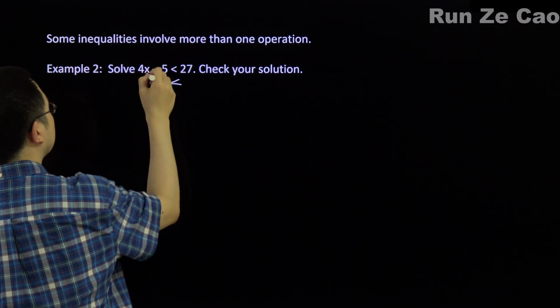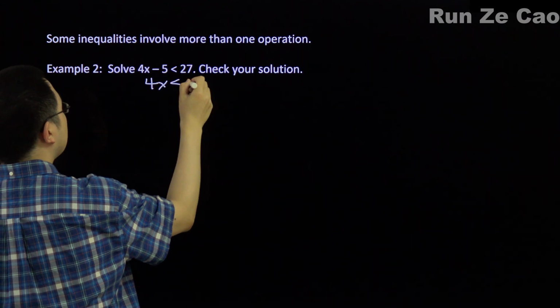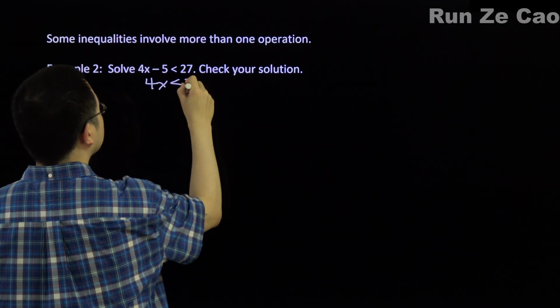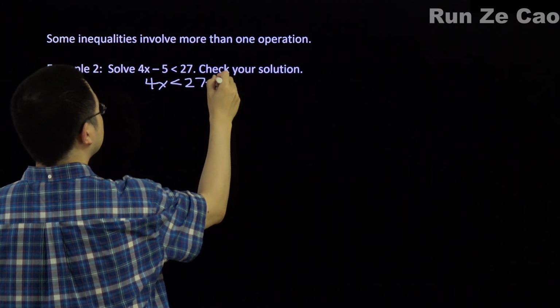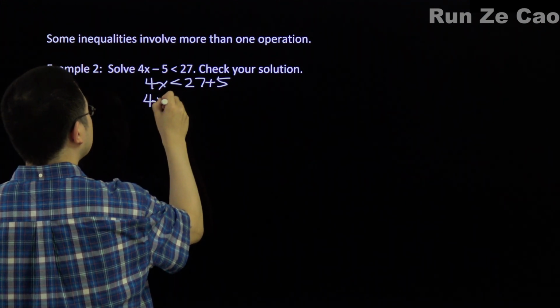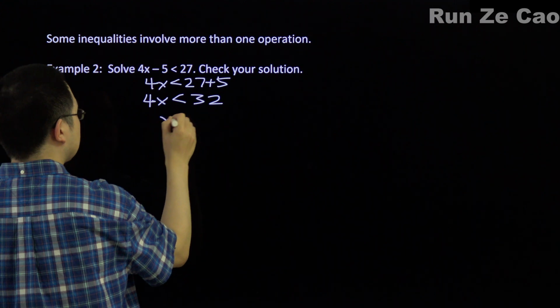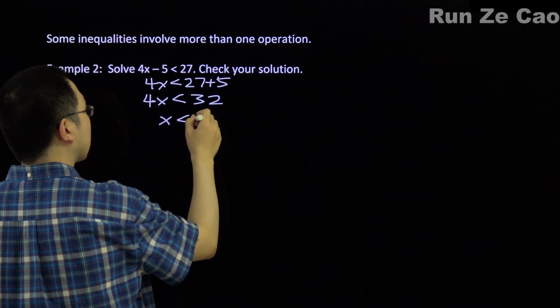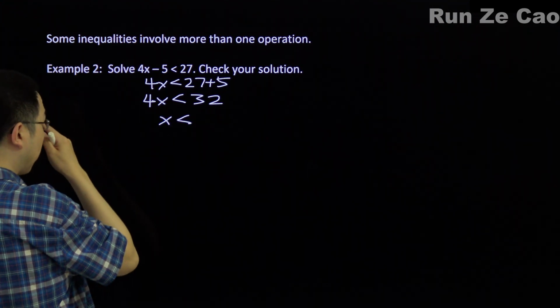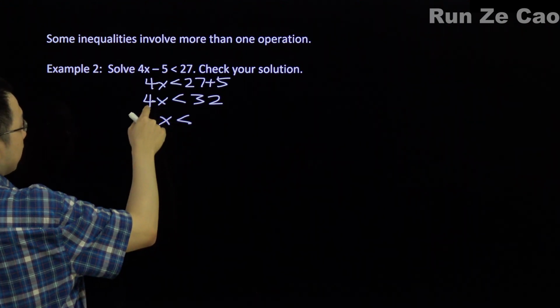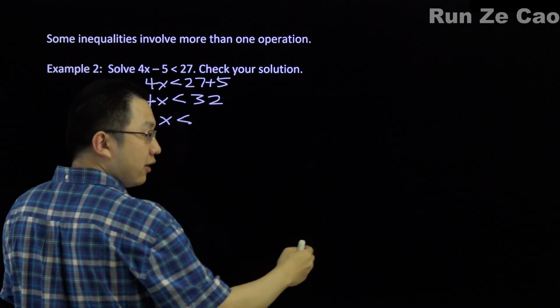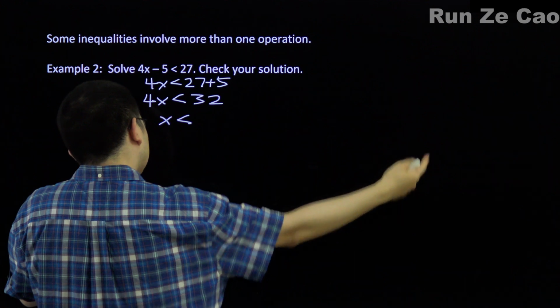4x minus 5 less than 27. That's going to be 4x less than 27 plus 5. So 4x is less than 32. X is less than a quarter of 32. Because we're dividing by a positive amount, okay, 4x is less than 32.